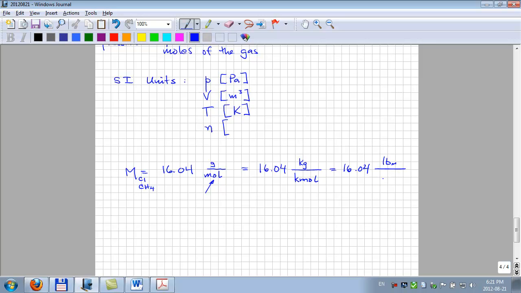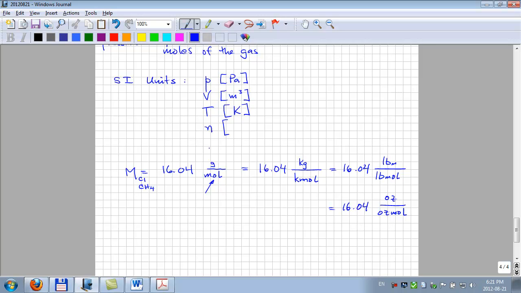It's called pound mole. People don't use this, but you can use any mass units. Ounces per ounce mole. The point is that the mole as a quantity is associated automatically with the mass unit that you want to use.